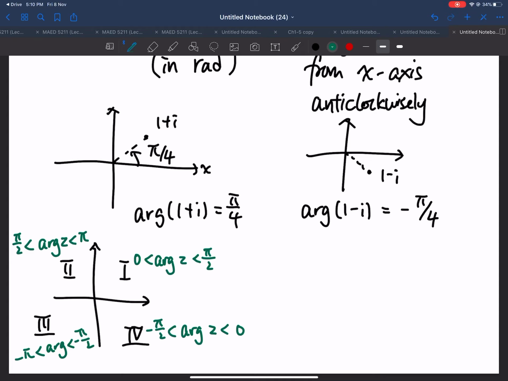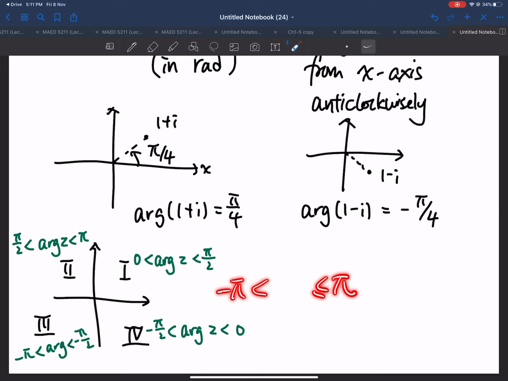Why is it negative? Because if the argument is measured clockwise from the x-axis, you take negative. And do you remember the argument is within negative pi and pi.